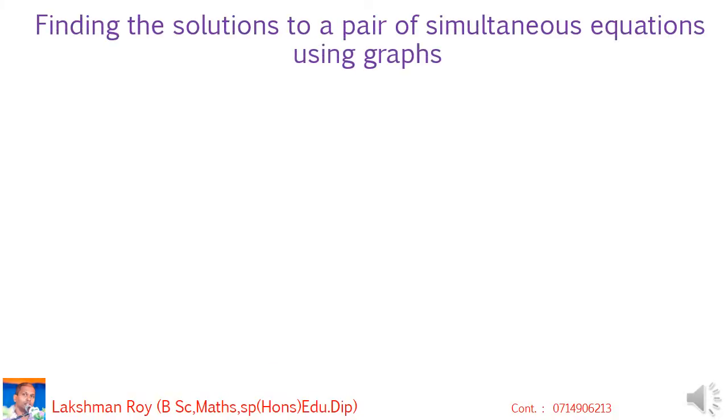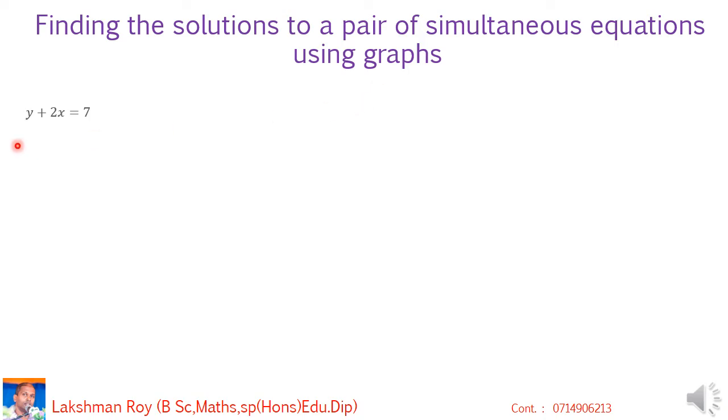Right. Let's move to how to find the solutions of a pair of simultaneous equations using graphs, right. So we discussed how to find solution of simultaneous equation without using graph, in algebraic method. Now I am going to introduce you a new method using graph. So first let's see the simultaneous equations, right.